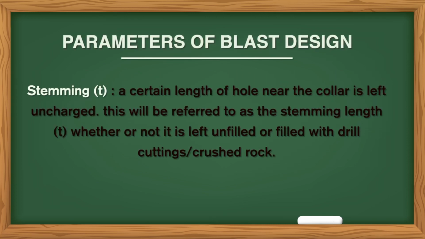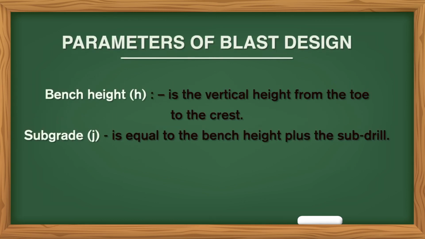Next, stemming. A certain length of hole near the collar is left uncharged. This will be referred to as the stemming length T, whether or not it is left unfilled or filled with drill cuttings or crushed rock. Then bench height H is the vertical height from the toe to the crest.